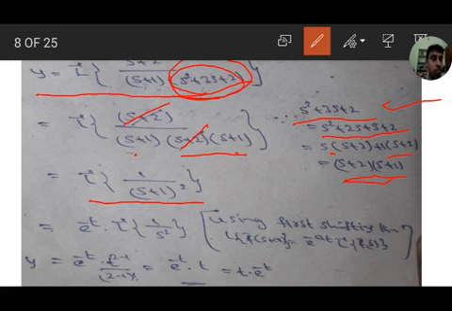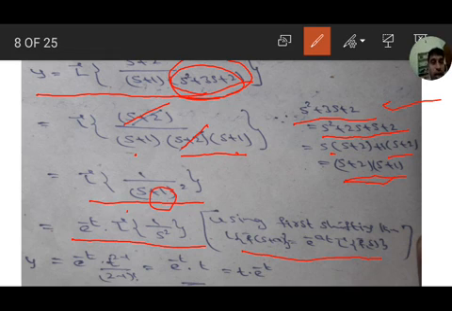So using the first shifting theorem, L of f bar of s plus a equal to e to the power of minus at into L inverse of f bar s. This is the formula. Therefore here a equal to 1. So L inverse is e to the power of minus t into L inverse of 1 by s square.